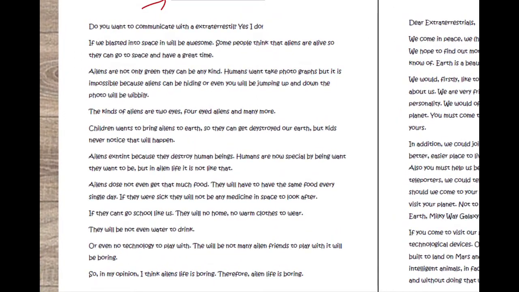Then moving on to the actual body text, "Do you want to communicate with a extraterrestrial? Yes, I do." There are a number of errors in this first line. First of all, there are spelling errors with extraterrestrial, and the use of "a" should be "an".